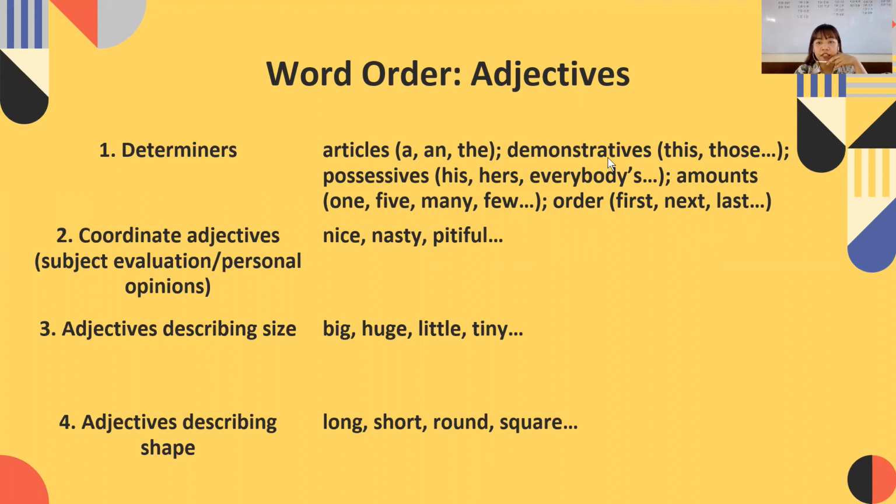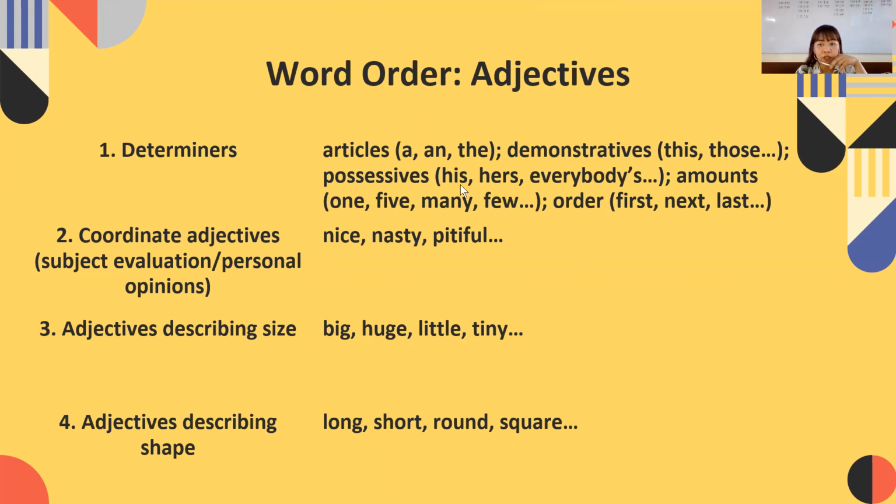So after your articles or demonstratives and possessives, since they are the starter in your word order for adjectives, this should be followed, if any of the 2 are used, by amounts. For amounts, we have 1, 5, many, few, 10. I made use of an ellipsis since these are not the only words qualified for amounts.